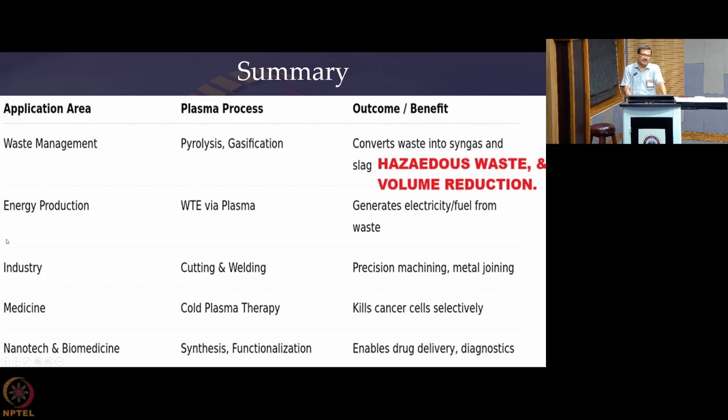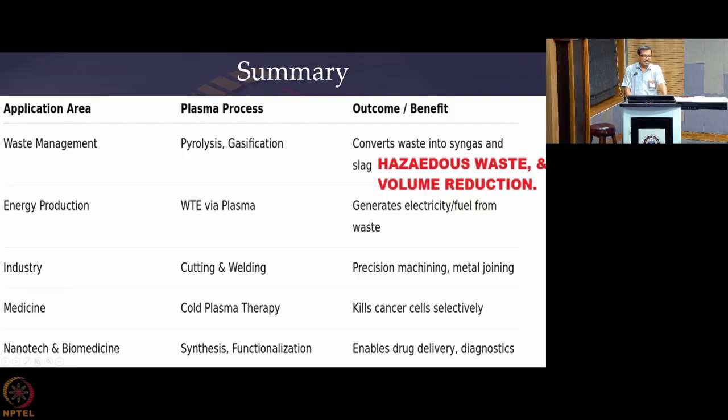Then in the area of energy production, we are using plasma to generate electricity or fuel from the waste. Then in industry, we are using cutting, welding, so precision machining and metal joining. In case of medicine, we are using mostly cold plasma therapy to kill cancer cells, and for drug delivery as well.